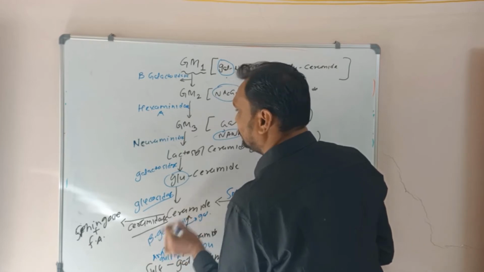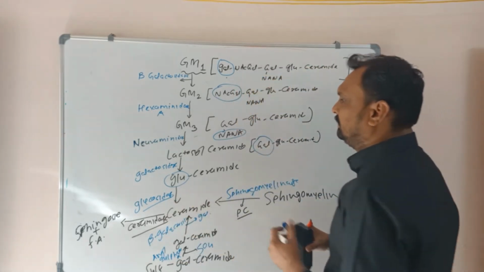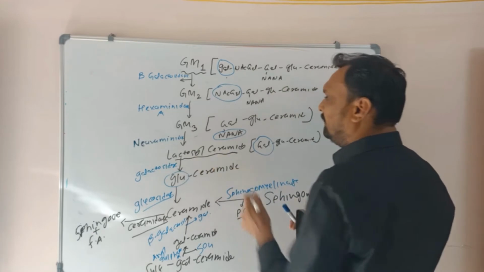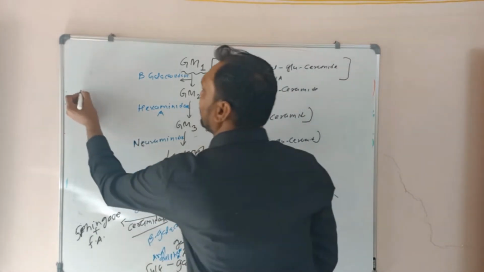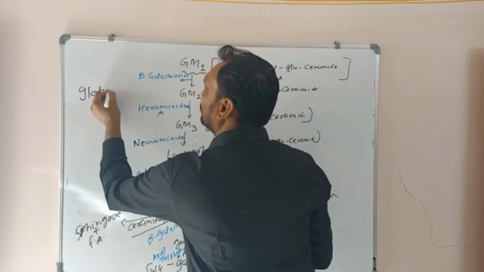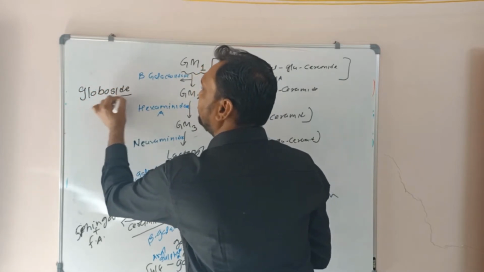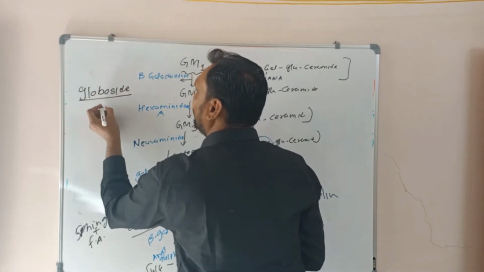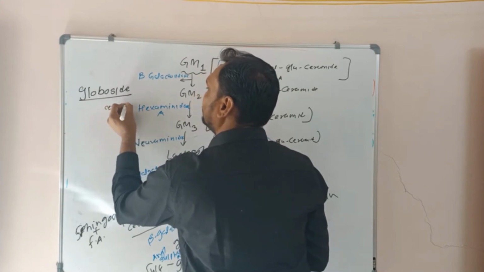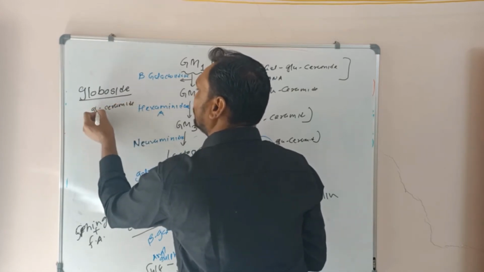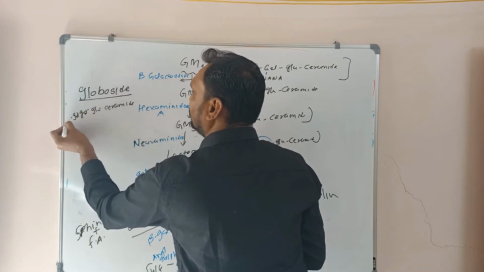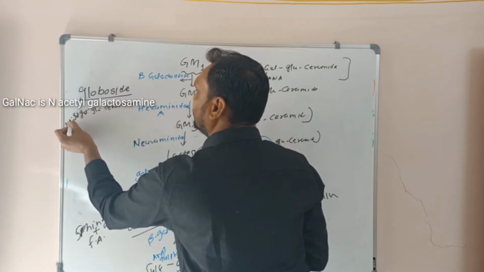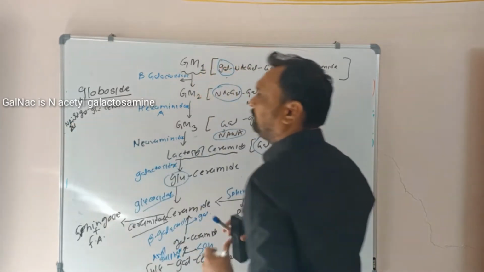Alright, here this lactosyl ceramide can also be formed from the globoside. So I will draw the diagram. This globoside is made up of ceramide, glucose, galactose, and N-acetyl galactosamine.